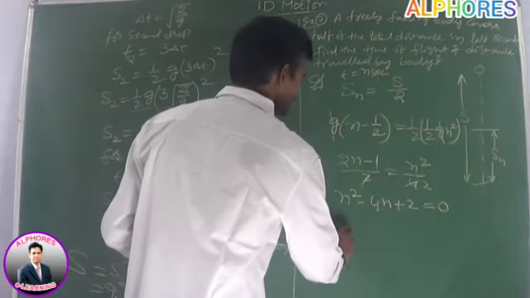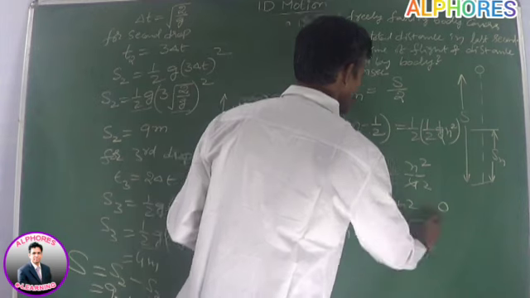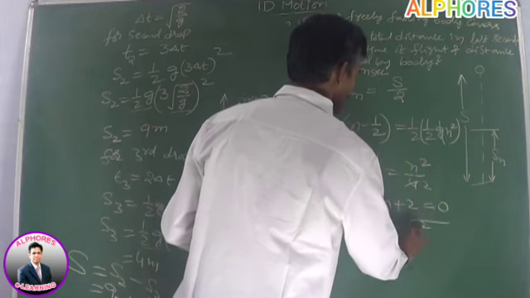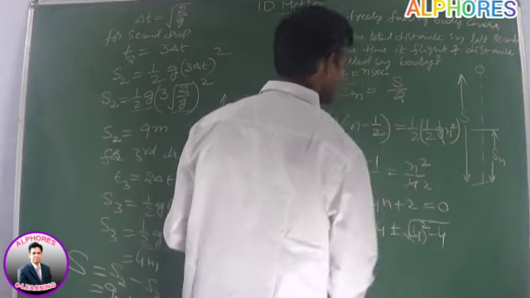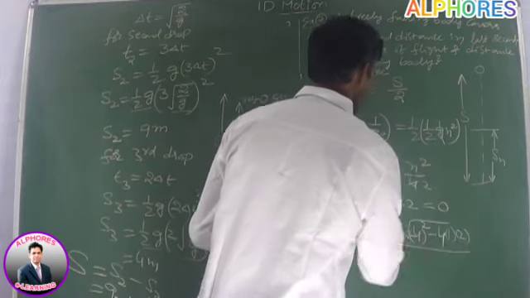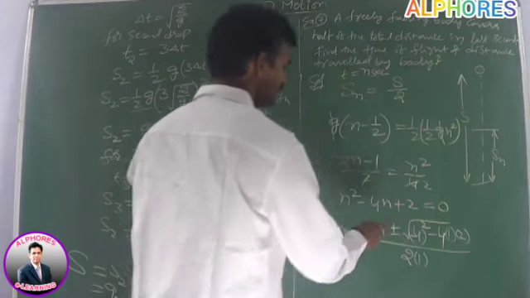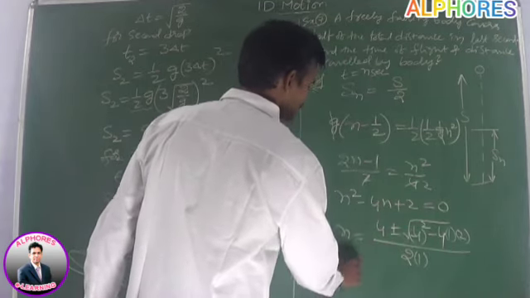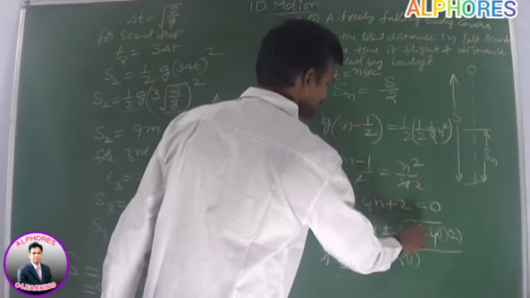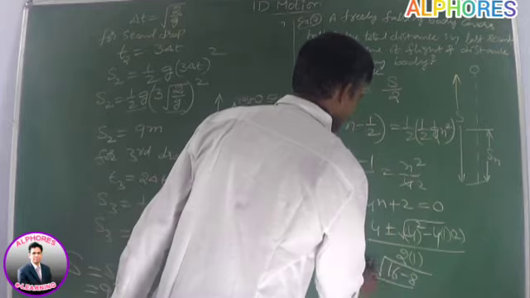So for this, n is equal to minus b, that is 4, plus or minus root of b square minus 4ac, with a 1, c 2, whole by 2a, 2 into 1. So from this n is 4 plus or minus root of 16 minus 8, by 2.